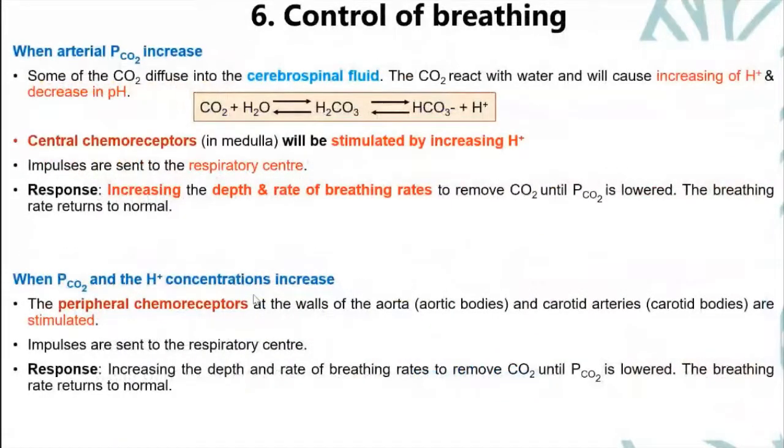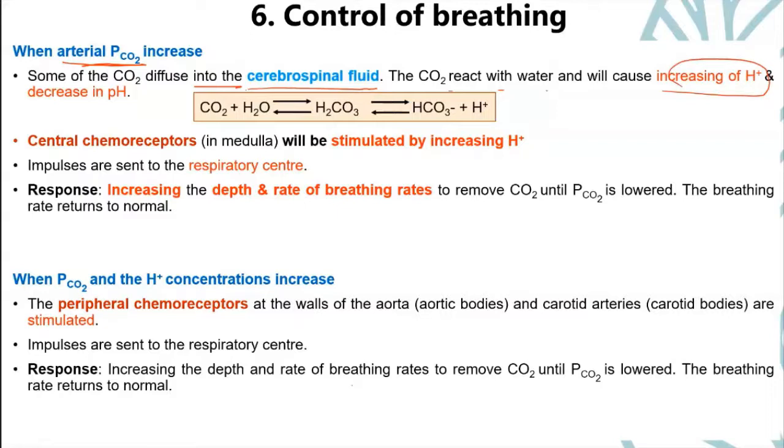Okay, so when arterial partial pressure increases, okay, arterial partial pressure increases means that your body is producing more carbon dioxide, undergoes high rate of cellular respiration. Okay, some of the carbon dioxide diffuses into the cerebrospinal fluid, okay, fluid in your brain, and then the carbon dioxide reacts with water and causes the formation of hydrogen ion.